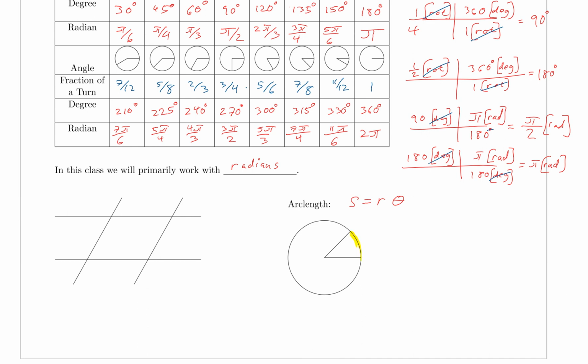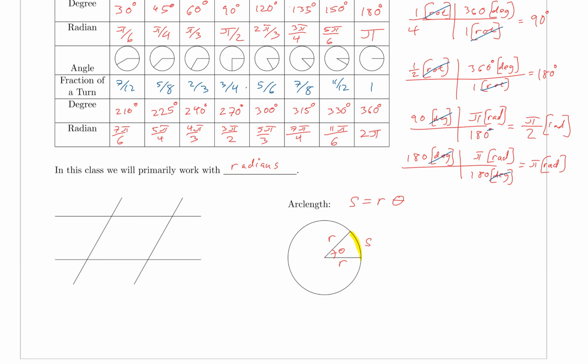If you were walking along there, that would be your arc length. And this is your angle theta, and this is your radius. That's the setup. This is where theta is in radians. If you use theta in degrees and don't convert, you're going to get the wrong answer.